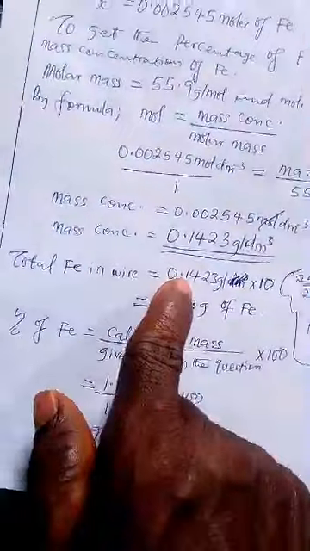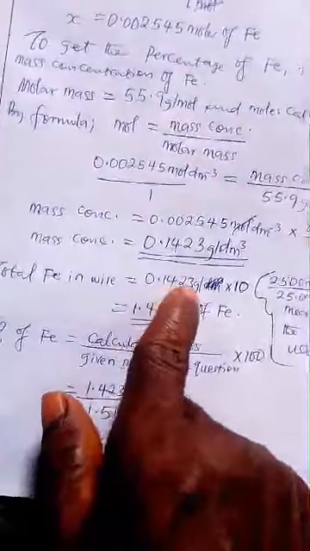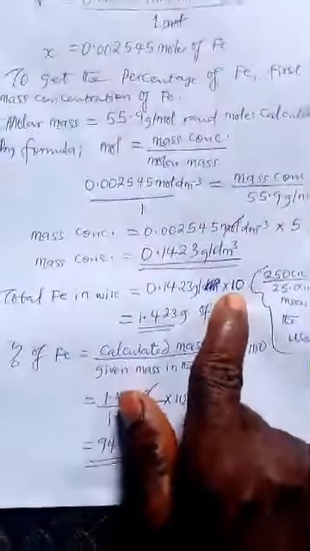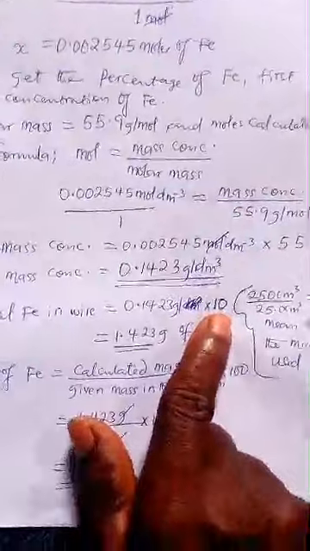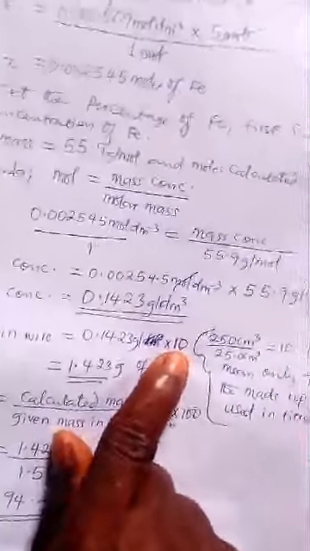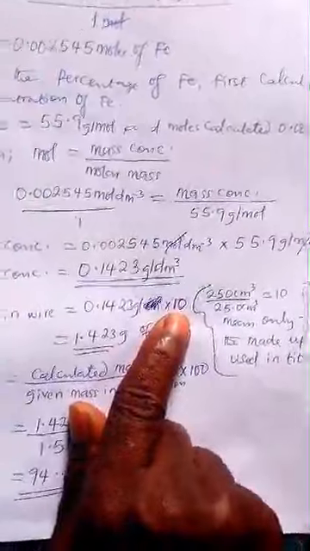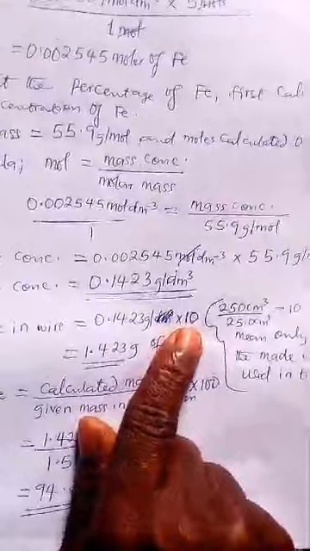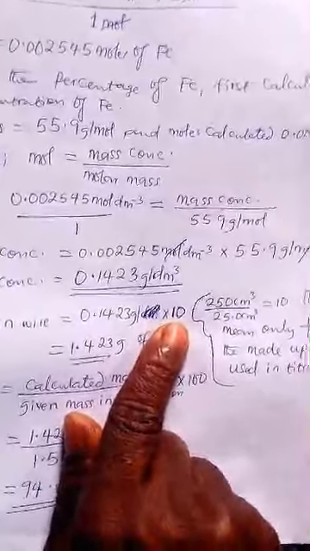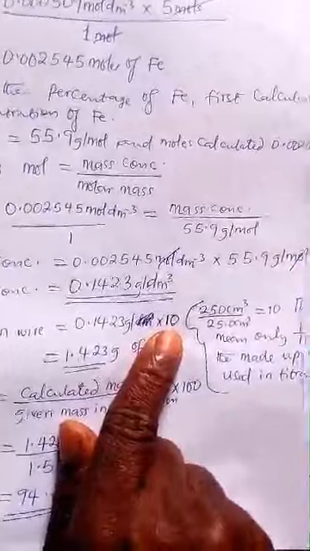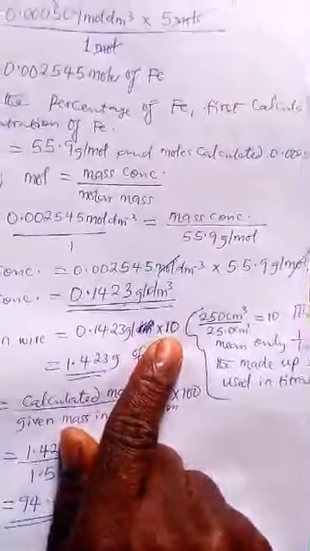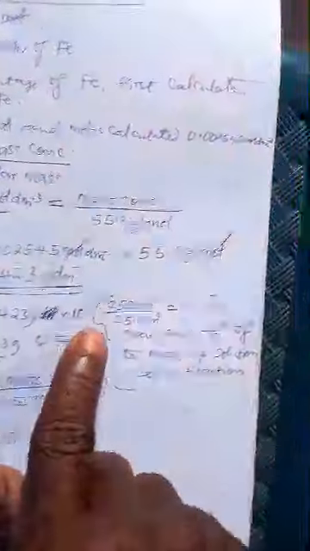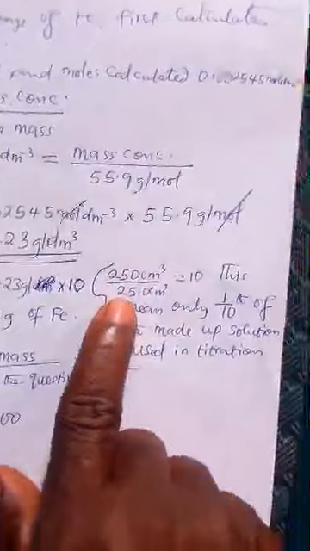But remember, the total iron in the wire is equal to 0.1423 gram times 10. Don't be surprised where this 10 is coming from. Remember, we're given 250 cm3 of graduated iron. The original iron was prepared in 250, and in that 250 you pipetted only 25 and then carried out your titrations. So that is 250 over 25.